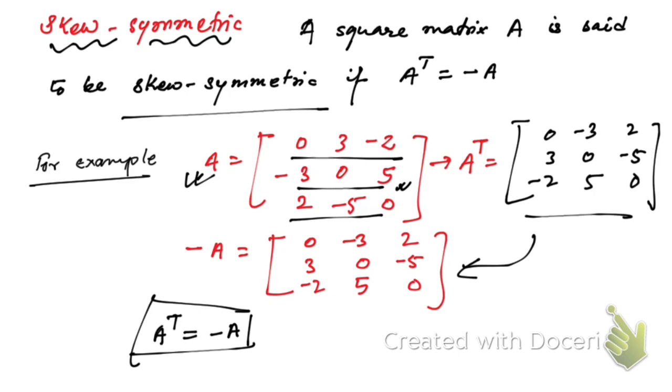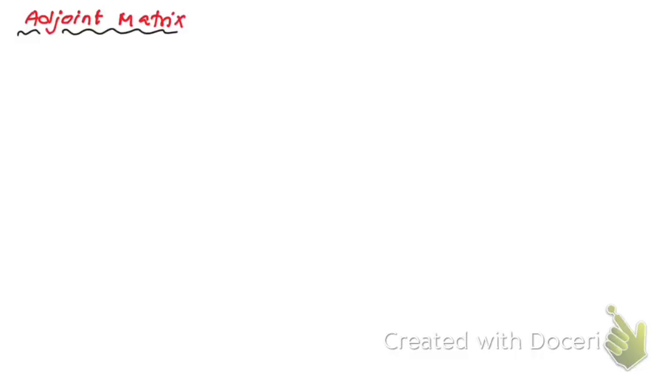Now let us discuss the adjoint matrix. Now you see, suppose A is a square matrix.